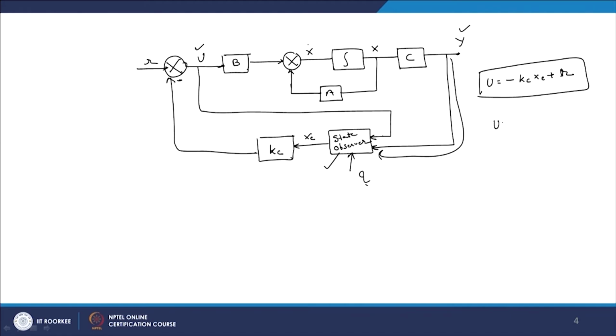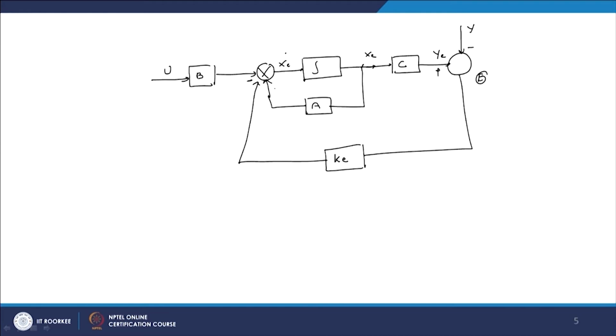Earlier our law was u equal to minus Kc x, but here because of the modification in the actual system, our control law has been changed to u equal to minus Kc into Xc plus r. Now, this is the block diagram of the system with state observer.